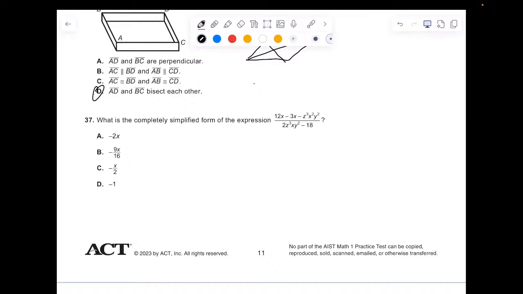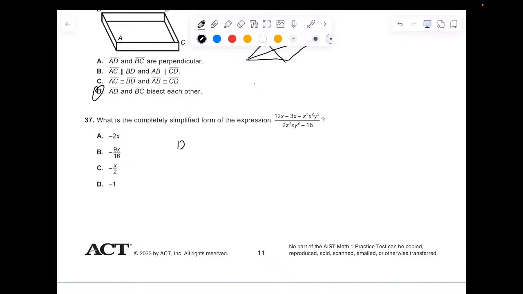What is the completely simplified form of the expression? Oh my goodness, I'm so tired of these. Okay.